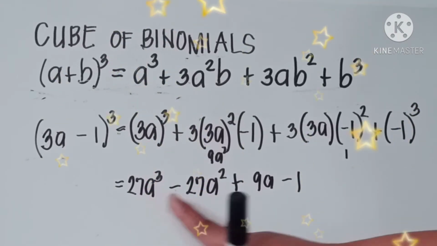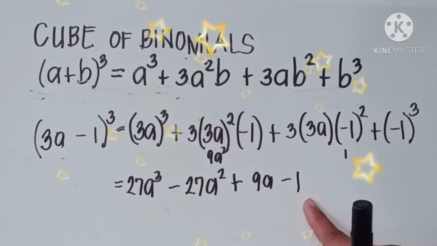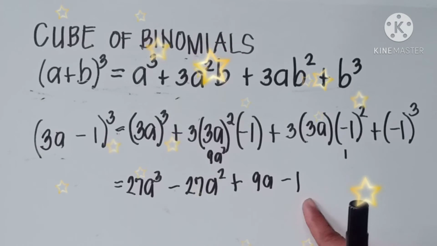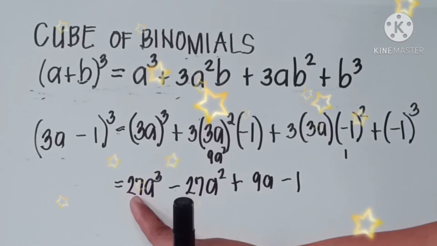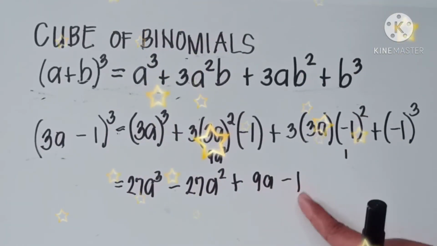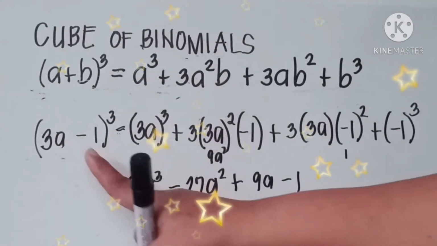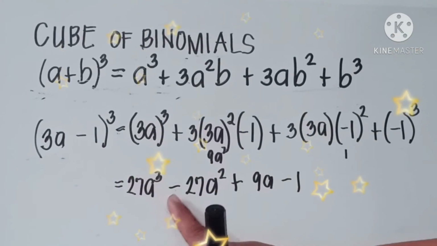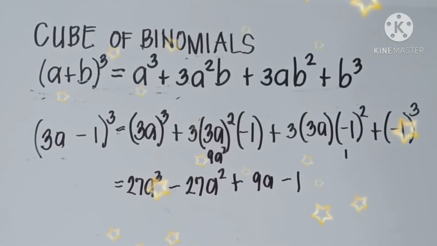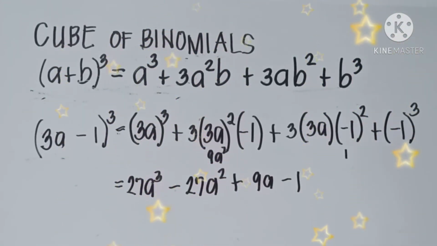So, tignan nyo yung sign ngayon. So, kung kanina lahat ng signs ay plus or positive, dito naman we have positive, positive, and negative. Okay? So, ibig sabihin, ayan, if negative yon, alternate yung magiging sign between the terms.